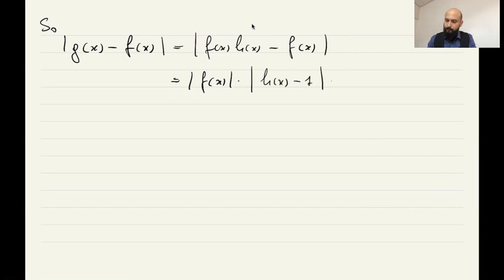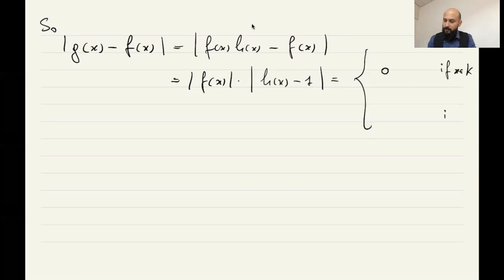Now, this quantity: if x is in K, h(x) is equal to 1. So this is 0.